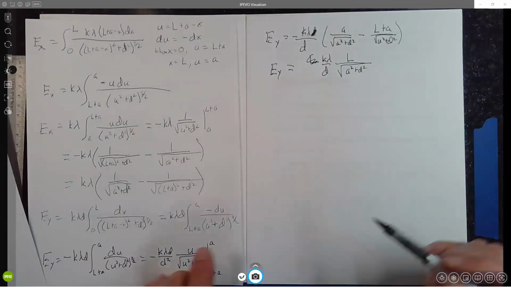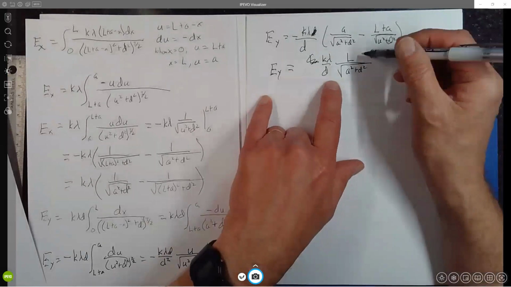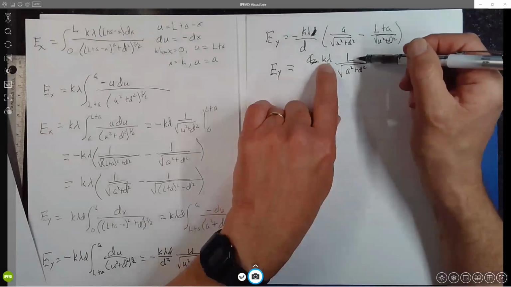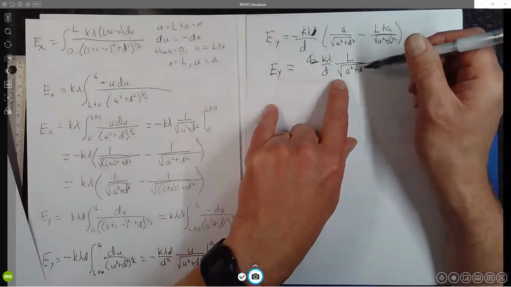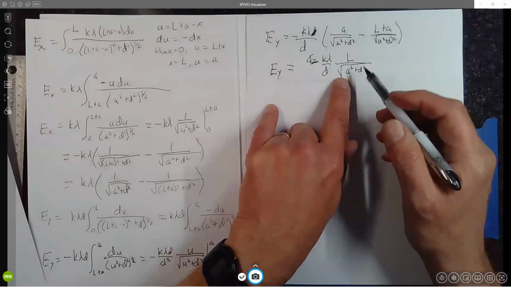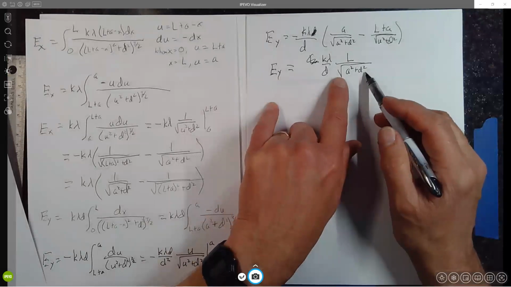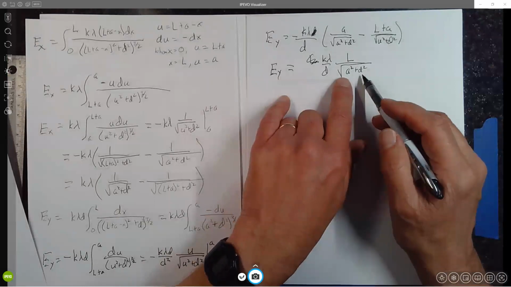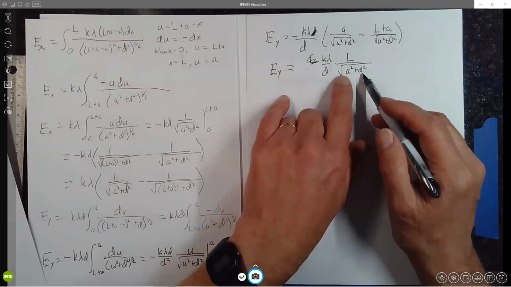In that case, E sub y would turn into, well, lambda times L would be the total Q on the thing. And this would pretty much just turn into d by itself, because if d squared is way, way bigger than a, then you could just think of this thing inside here as being d squared.